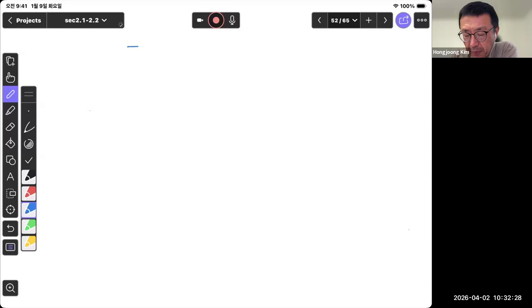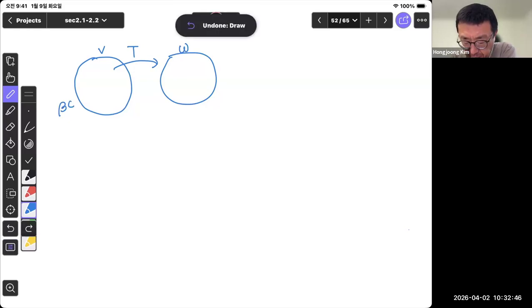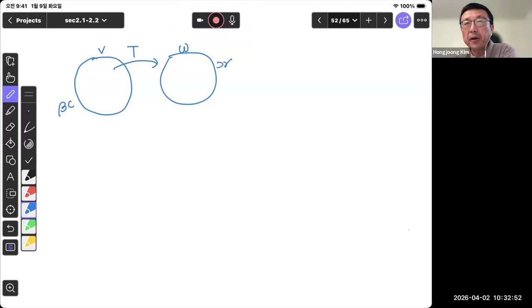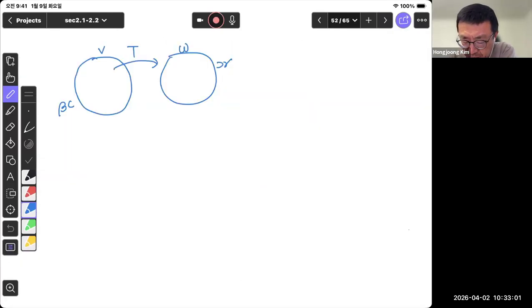So we have a linear mapping T, a mapping from V to W. And we have a basis beta for V, and gamma for W. So this beta consists of V1 up to Vn, and gamma consists of W1 up to Wm.